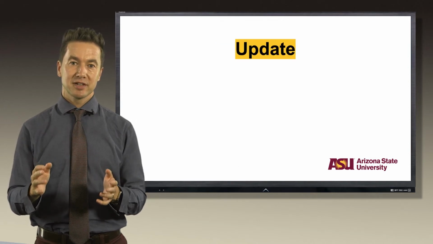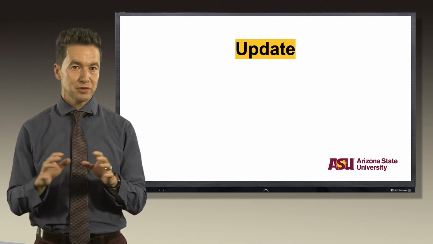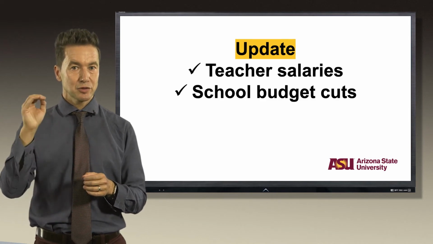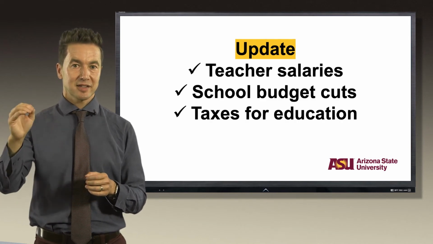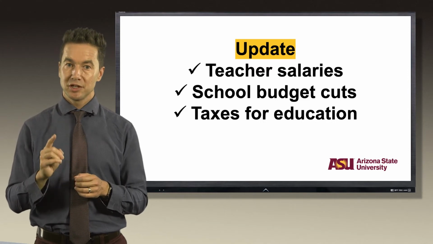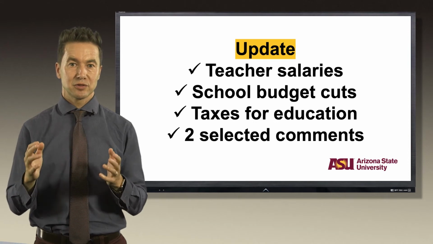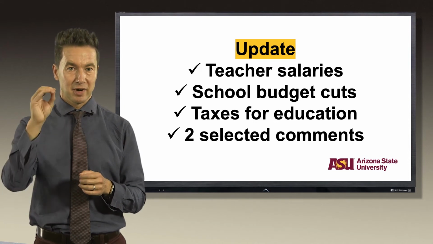After reading the threaded discussion, the online journalist posts a story update with information about teacher salaries, school budget cuts, and taxes for education. She knows this information is important for the audience, and she includes 2 selected comments in the body of the story.